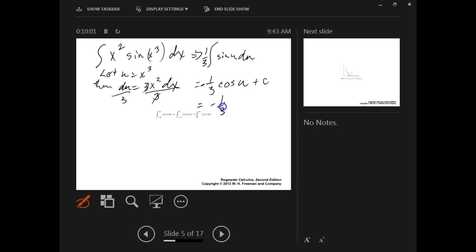Negative 1/3 cosine of x cubed plus c. Okay, hopefully they got that too, did they? They didn't work it out, okay? Not that I can see.